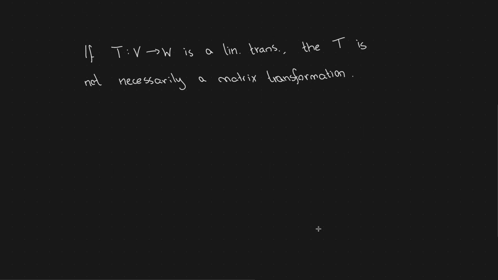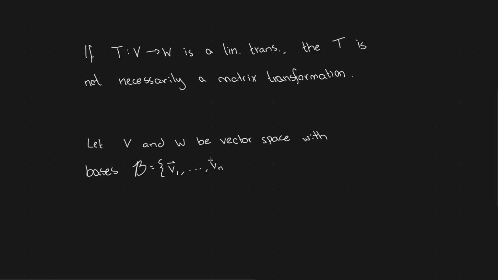Okay, so let's let V and W be vector spaces with bases B equal to v1 to vn, and C equal to w1 to wm.